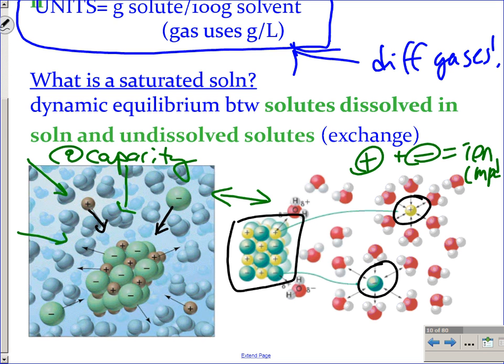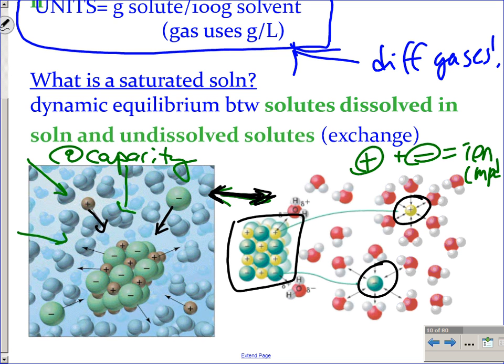But it's so tiny and minute you can't see it, because then it would be like a solid on the bottom of the container. It's very minuscule. And so as it dissolves, some of it may go back and undissolve, and then it can dissolve again and go back and undissolve. So it's a constant interplay between basically these two pictures.